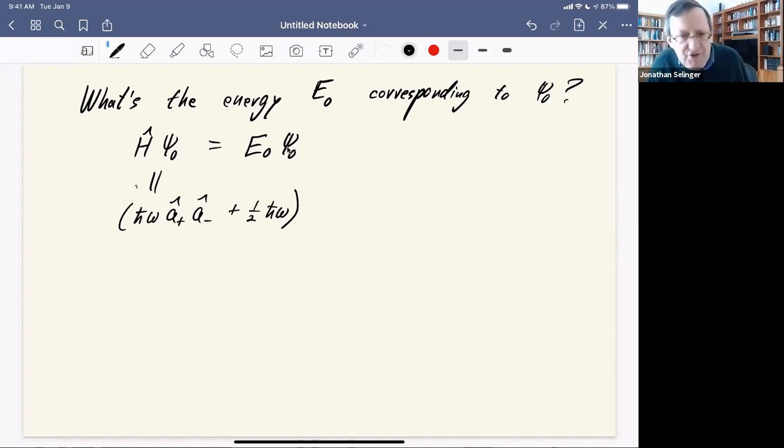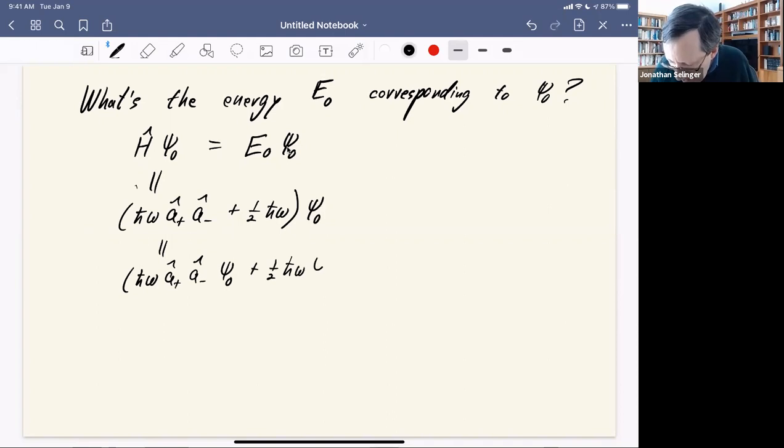That's one of our expressions for the Hamiltonian, and this is acting on psi 0. So this is h bar omega a plus acting on a minus acting on psi 0 plus a half h bar omega psi 0.